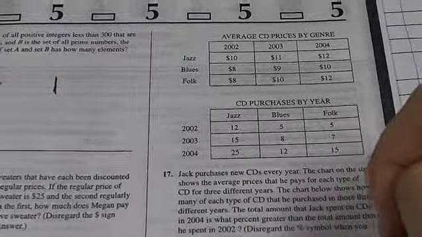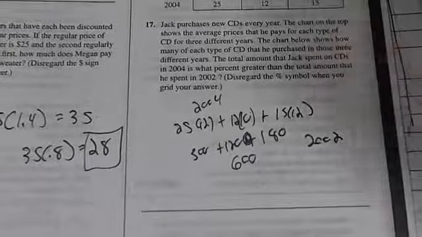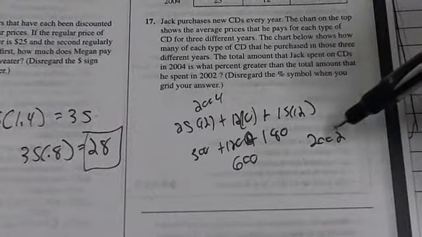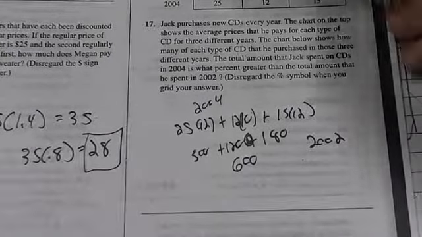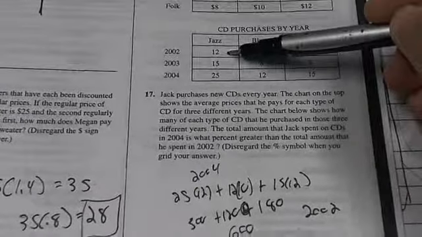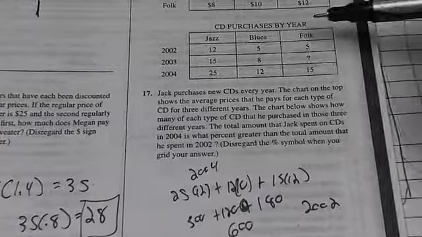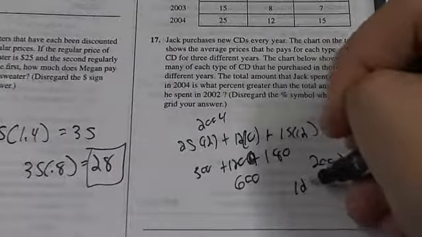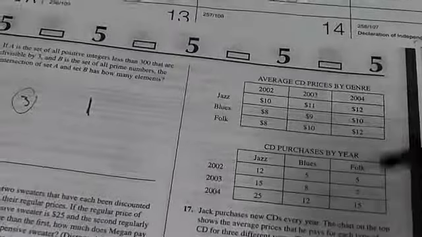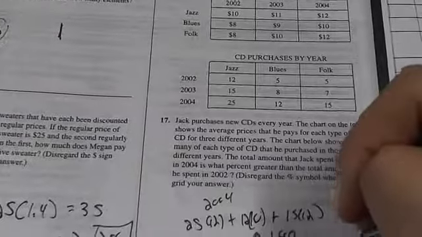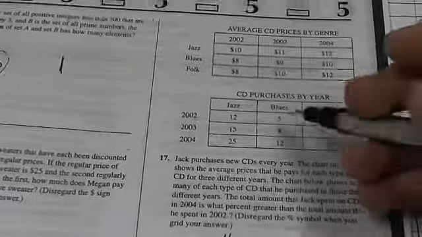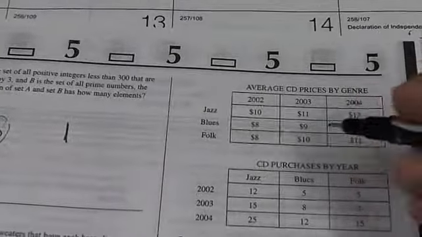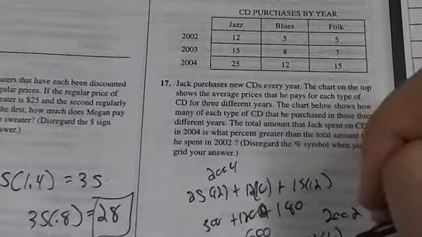Now, same thing for 2002. In 2002 he bought 12 jazz CDs, 5 blues CDs, and 5 folk CDs. So there's 12 jazz, and each jazz one in 2002 was $10. And then he also bought 5 blues CDs, and 2002 blues was $8.